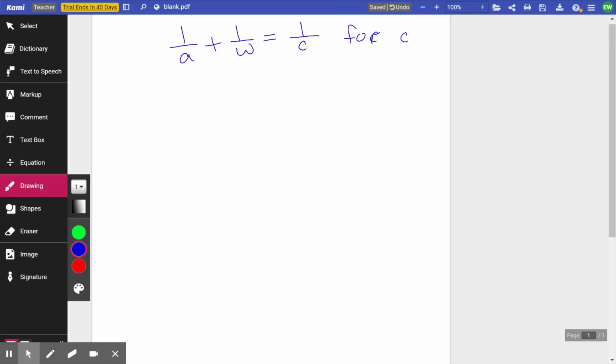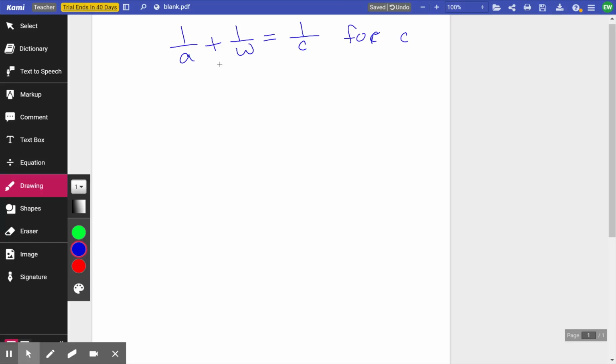The technique here that you learned back in grade school when you learned how to add and subtract fractions, or really when you solved rational equations in middle and high school, is that you can multiply each term by the least common denominator of the expression.